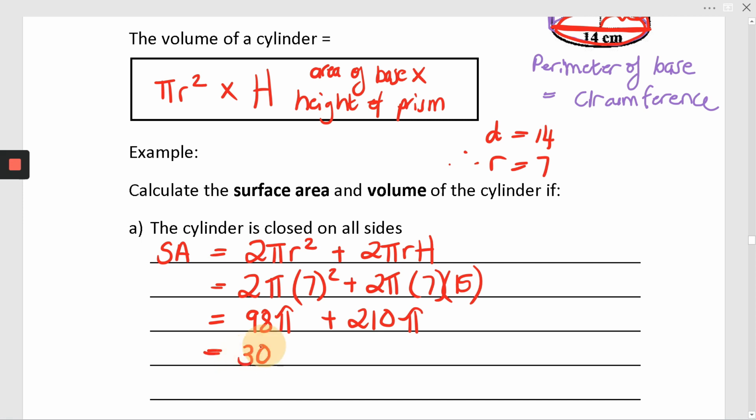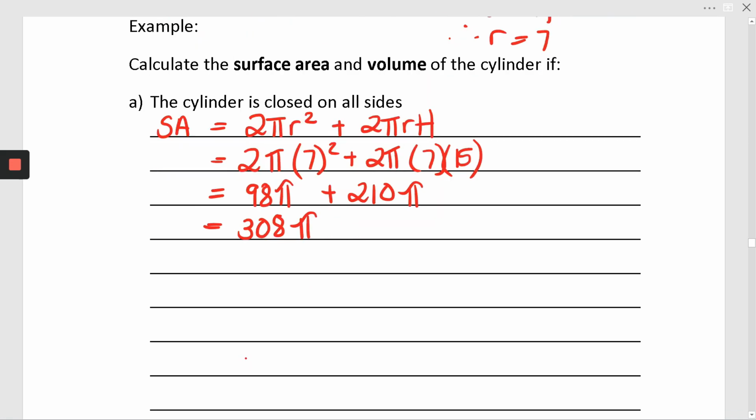We're going to do both in grade 9, so that everybody's got some practice for what they will be doing in the future. So if it was Maths Core, we would leave it like that. But in Maths Lit, we would convert and we would go to decimal and we would have 967,61 square centimeters. We are always going to round off to 2 decimal places.